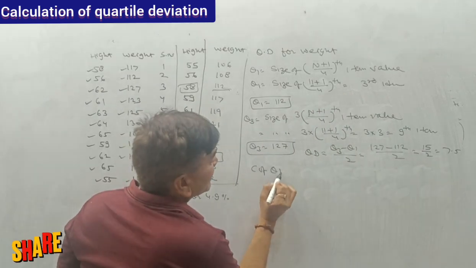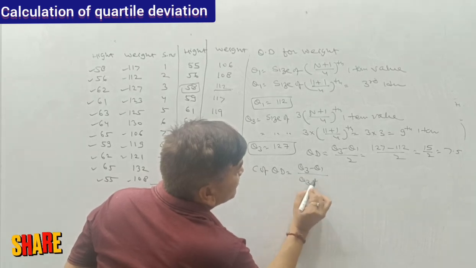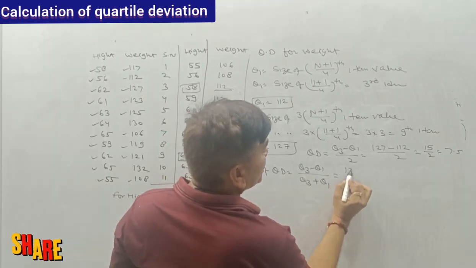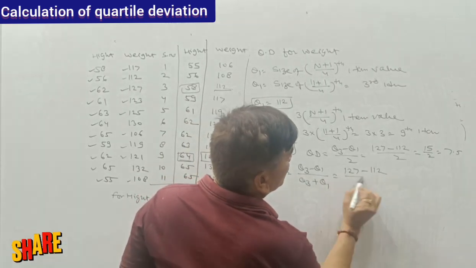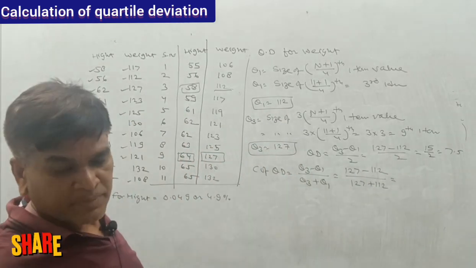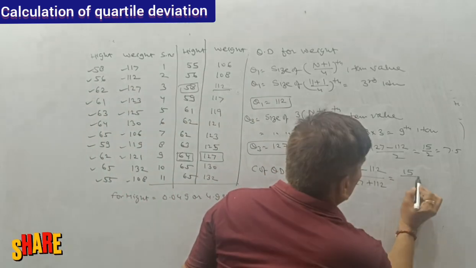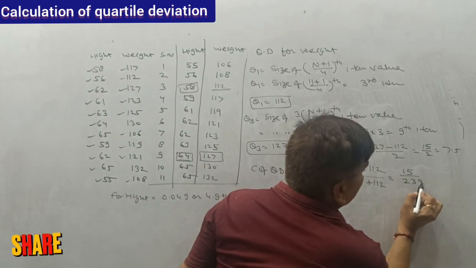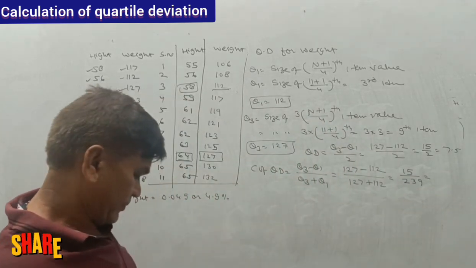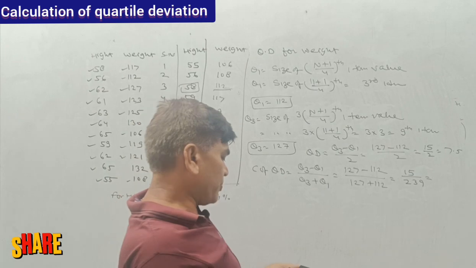The coefficient of quartile deviation, that is Q3 minus Q1 upon Q3 plus Q1, is 127 minus 112 upon 127 plus 112, that is 15 upon 239, that is 0.062.